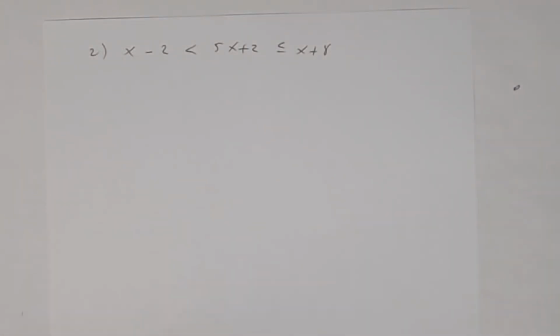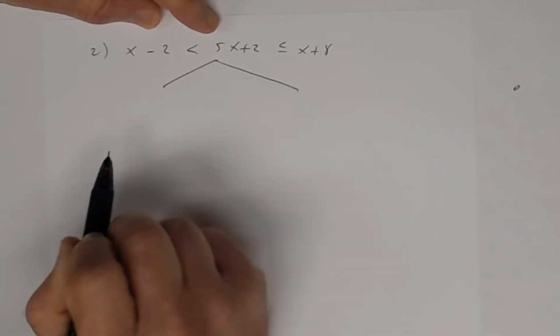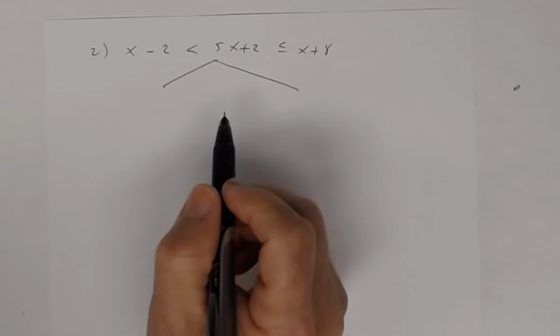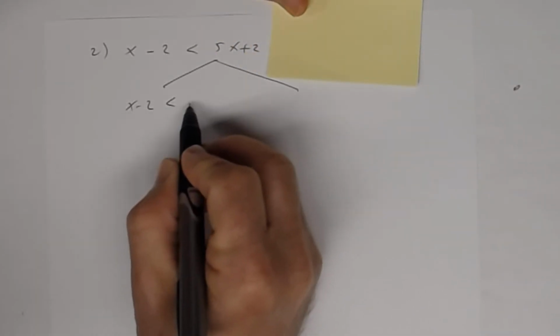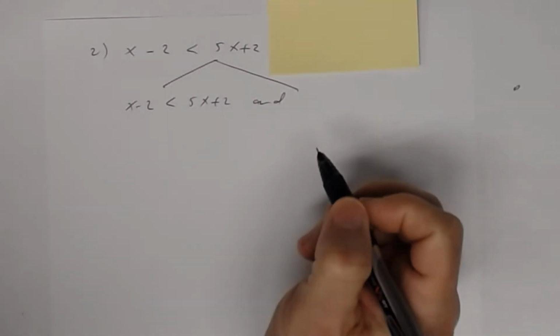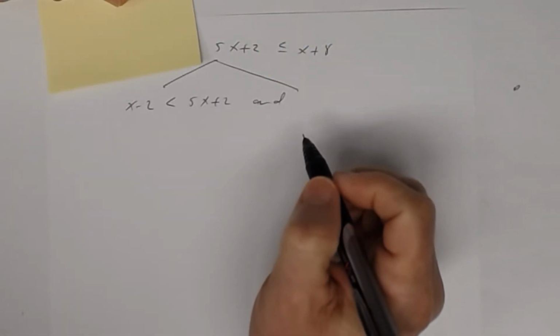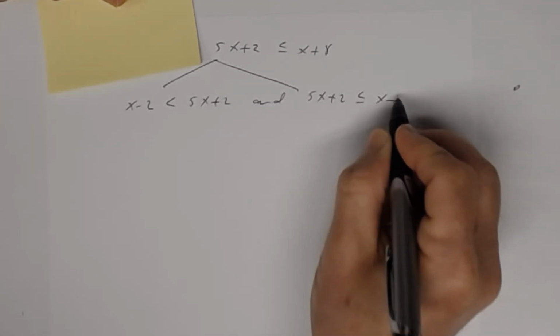So I'm going to rewrite this compound inequality as 2 simple inequalities. I'm going to say x minus 2 is less than 5x plus 2, and so it's that word intersection, and at the same time 5x plus 2 must be less than or equal to x plus 8.